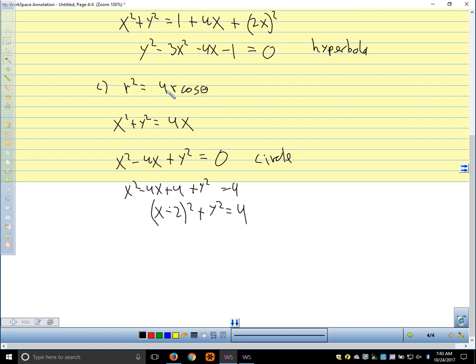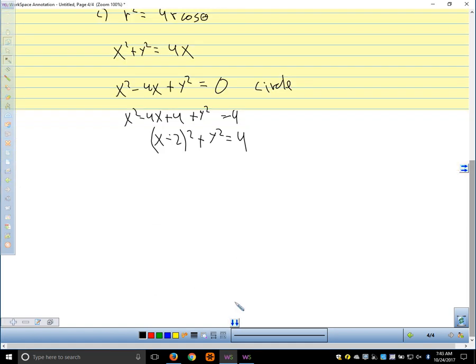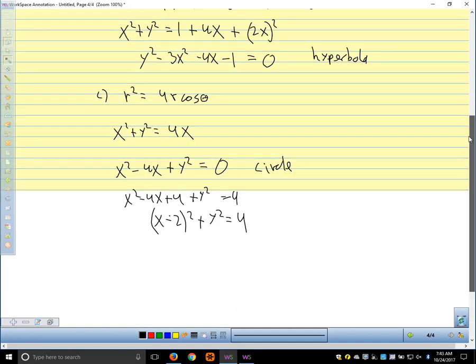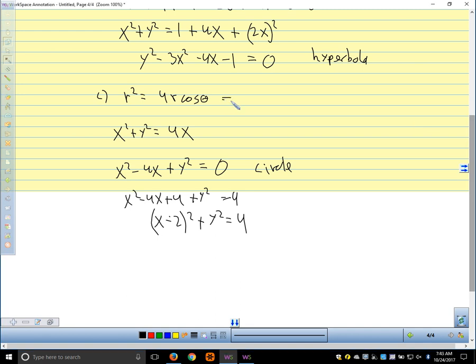And here we get a clue about the radius. Usually you'll see this equation written as r equals 4 cosine theta.